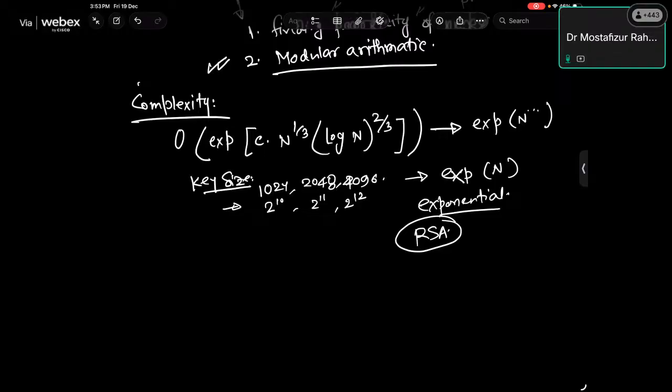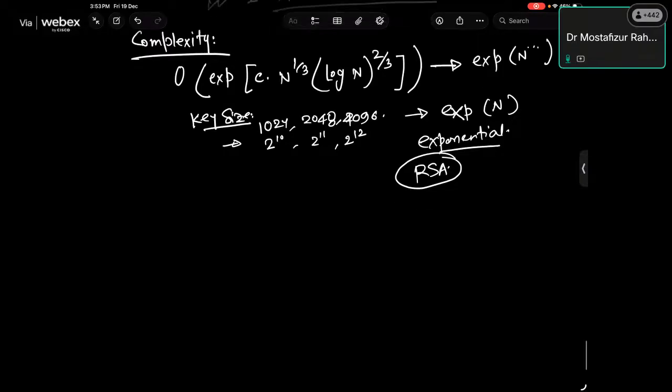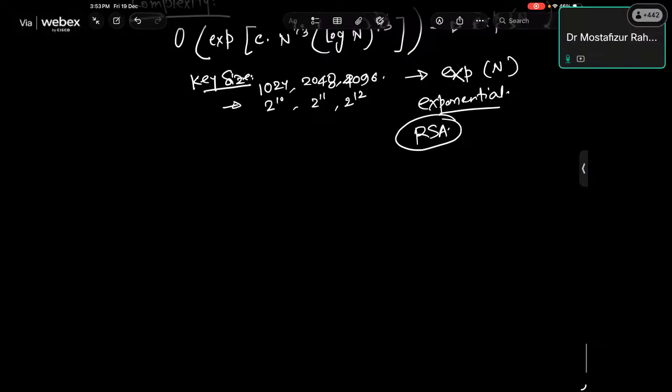They assume classically it will take a very large amount of time to break it, so it is not possible. They have a fixed number of trials also. If somebody tries 3 or 4 times, it will just lock the system. Similarly here, RSA keys are exponentially hard to break in terms of time complexity.